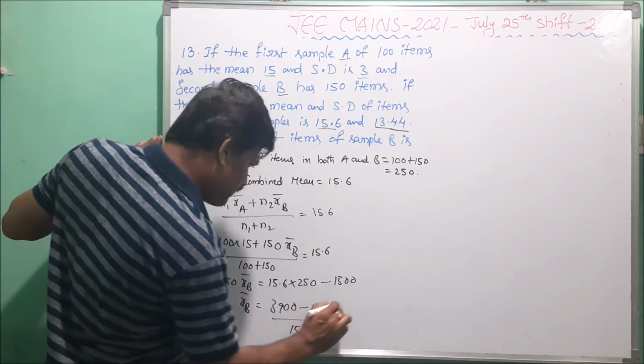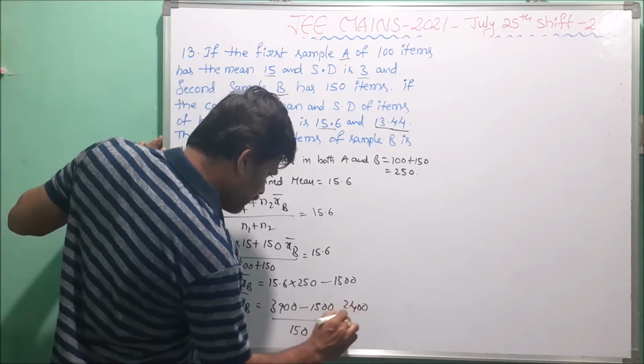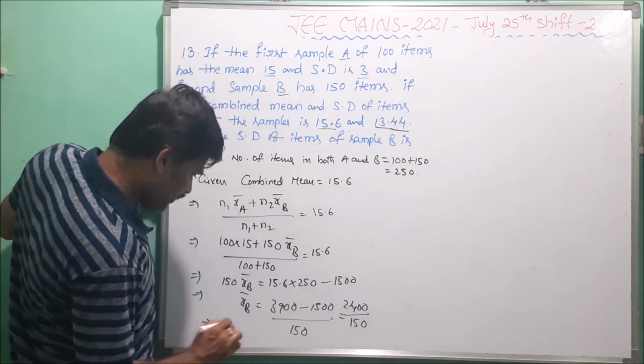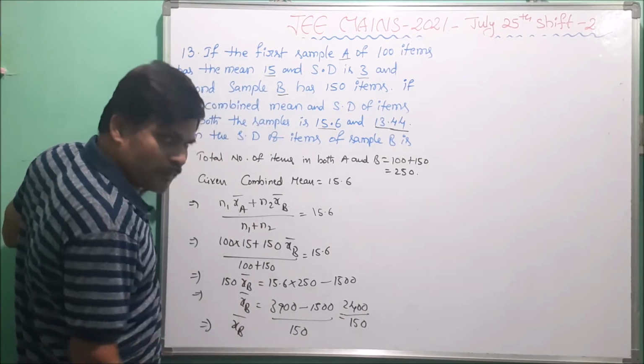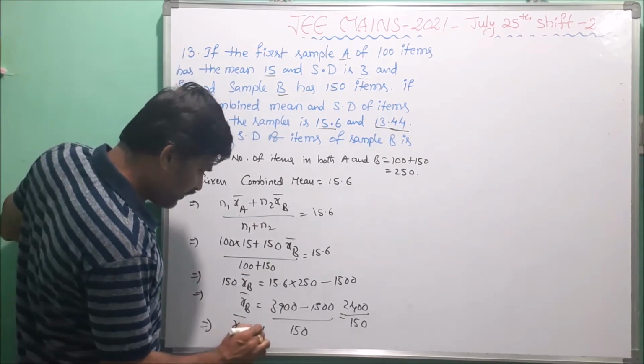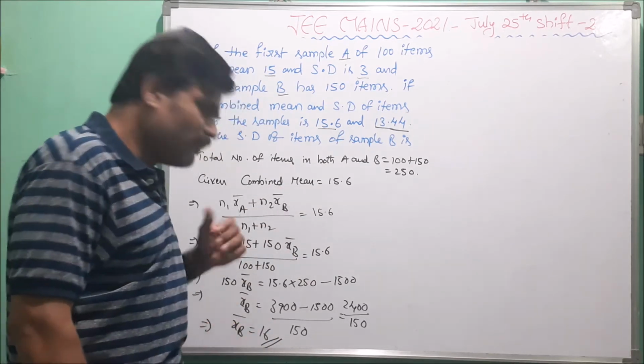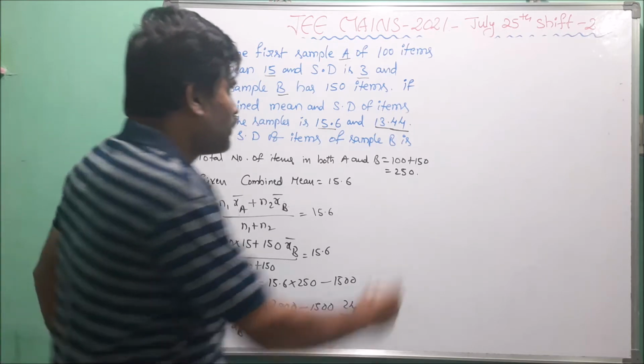That value is 2400 by 150. That means the mean of sample B is 16. So here we found the mean of sample B.